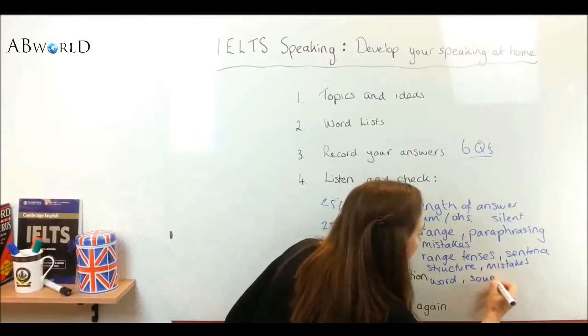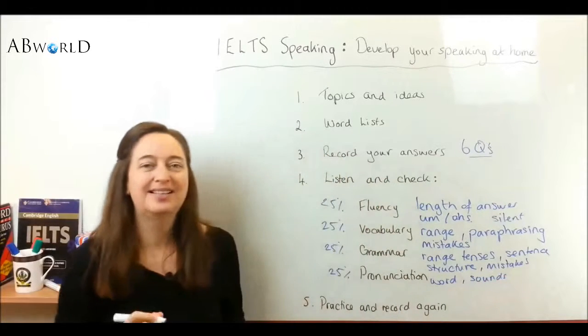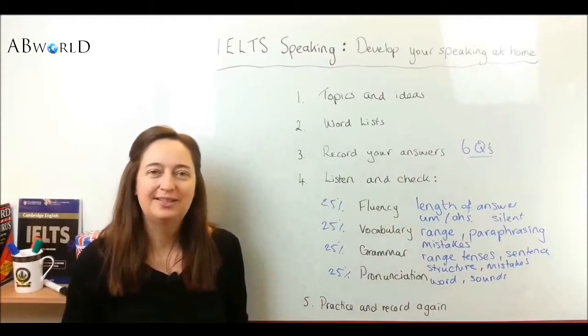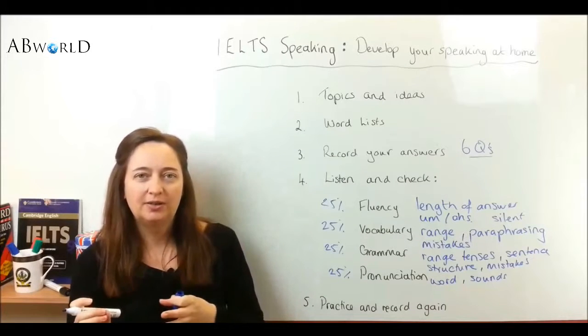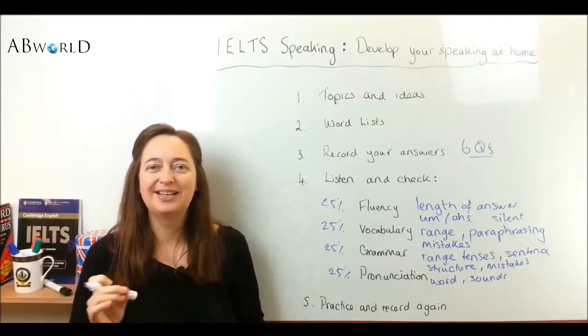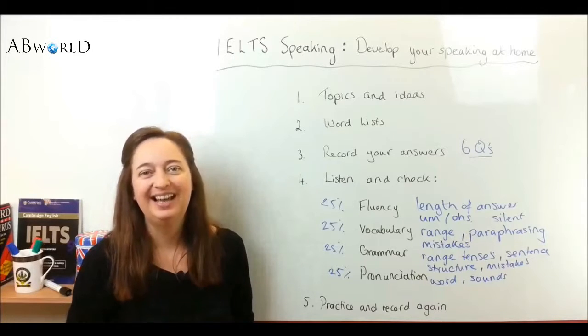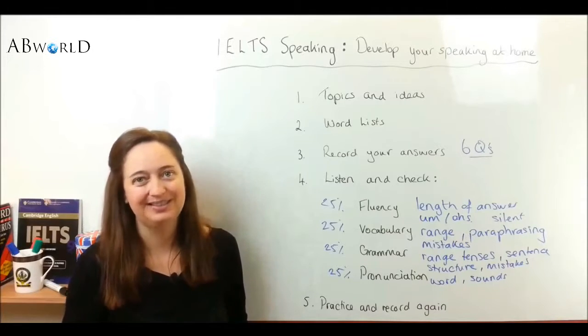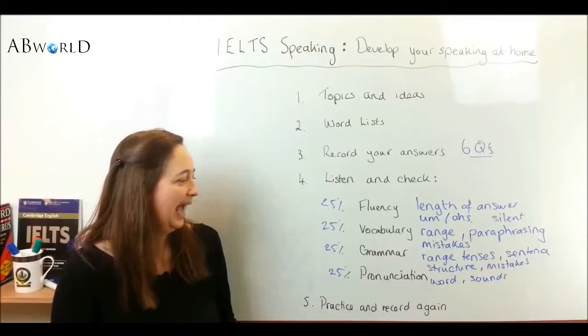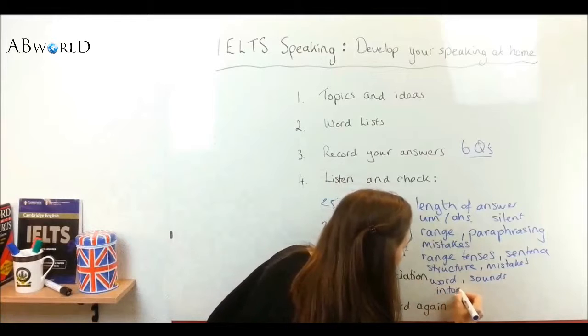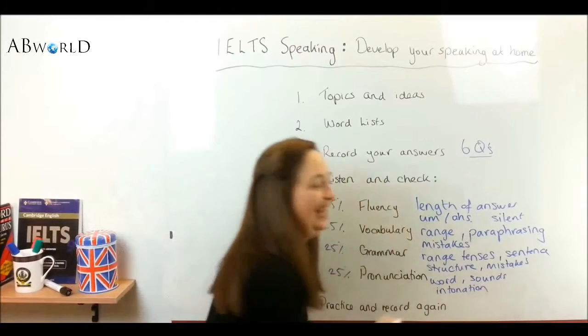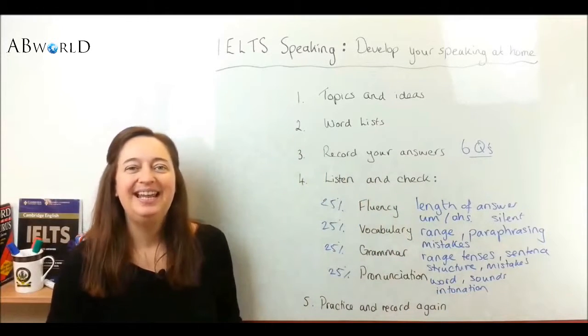Another thing are individual sounds. So for example, sh, s, ch. Are you pronouncing these sounds correctly? And again, you can find practice online for that. And one other thing for pronunciation is intonation.